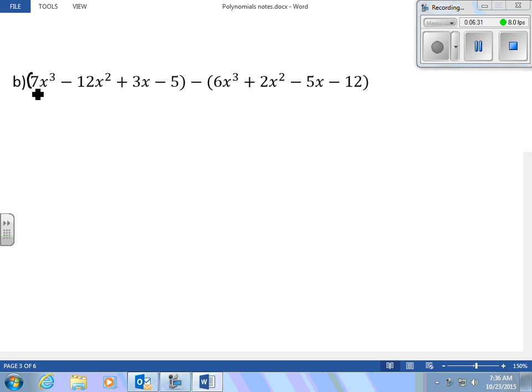And if you recall, when we were simplifying algebraic expressions and working on solving equations, we thought about what if we think about this as being minus 1 times each of those terms. So that means that when we remove the parentheses, we actually change the sign on each of the terms in the polynomial that we're subtracting.